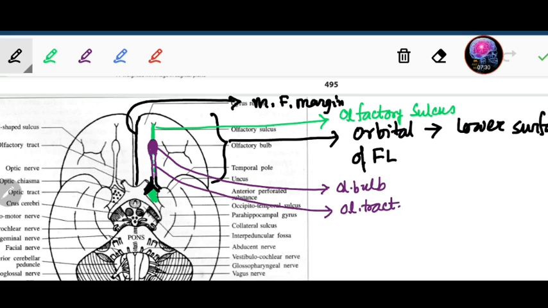This is the medial olfactory stria on the medial side, and the rest is the lateral olfactory stria.